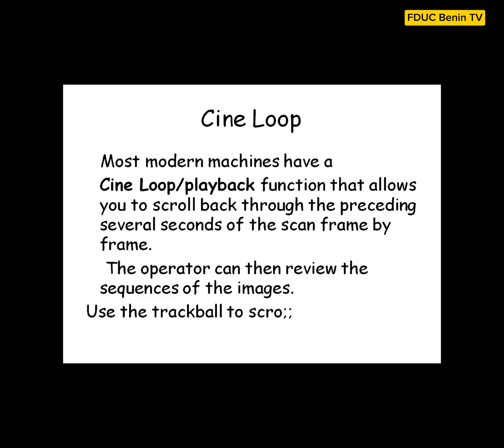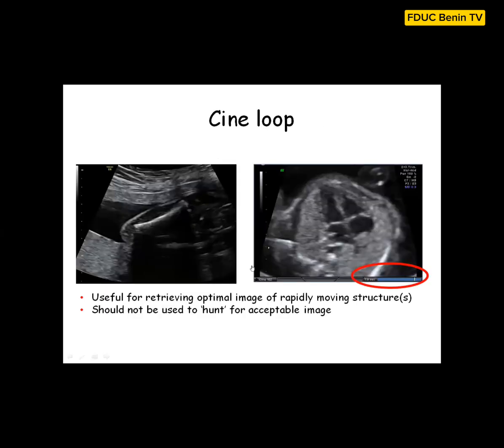As you use the cine loop, you need your trackball to be able to scroll backwards to see all the images. With the cine loop, you can also retrieve important images, especially of very fast-moving structures.